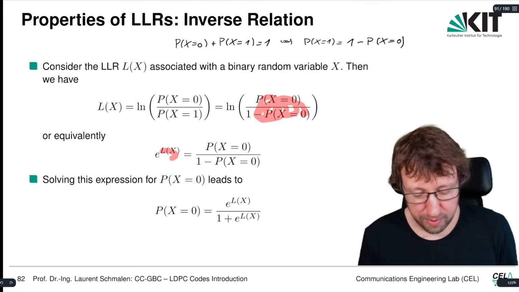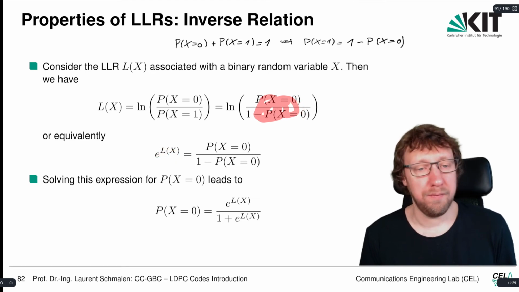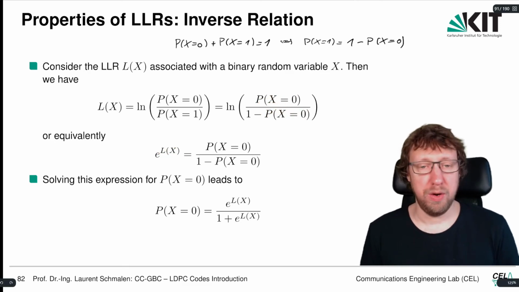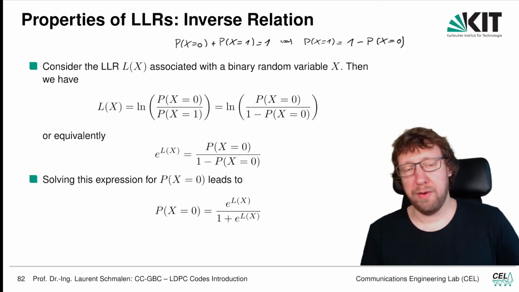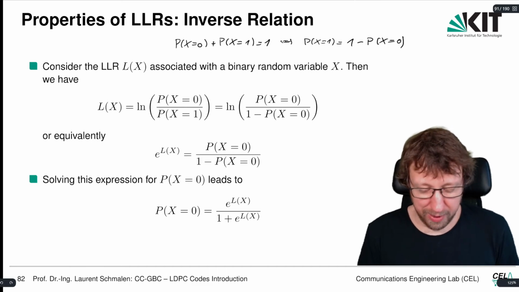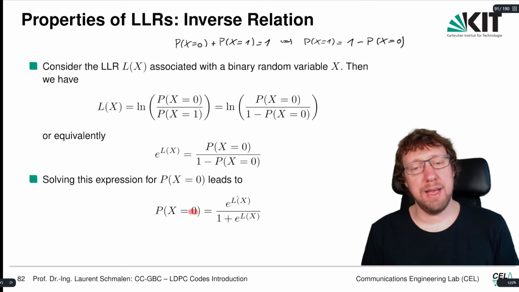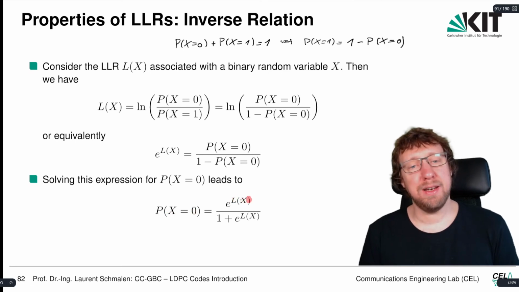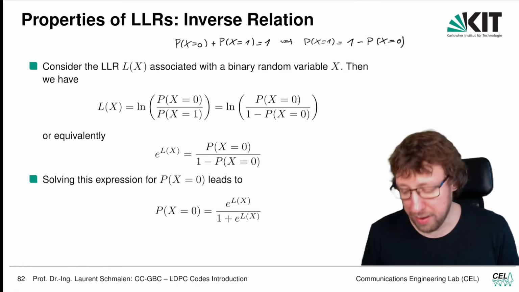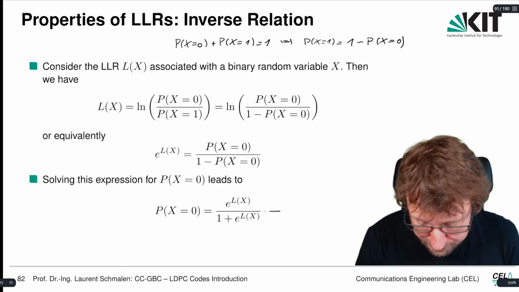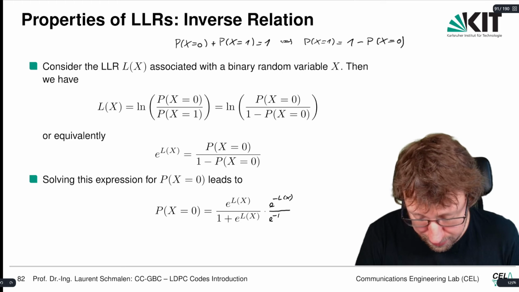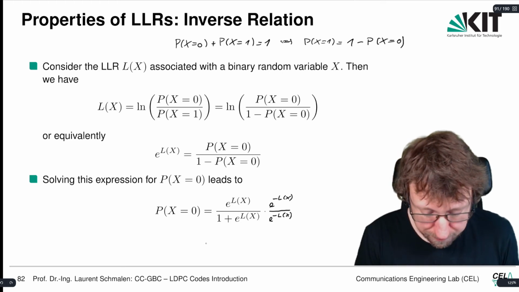First, we take everything to the exponent to get rid of the log. And then we solve this expression for P of x equals 0 just by rearranging a little bit. It's very good if you try to follow this step for yourself. And we'll find that P of x equals 0 is e to the power L of x divided by 1 plus e to the power L of x. If we don't like too many e's, we can also multiply the numerator by e to the power minus L of x and the denominator by e to the power minus L of x.